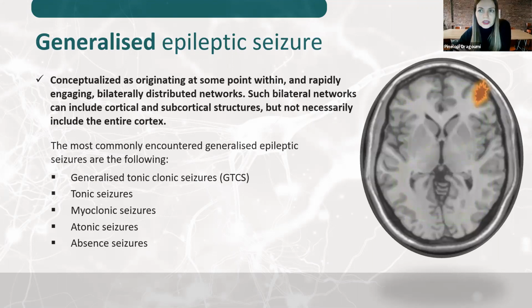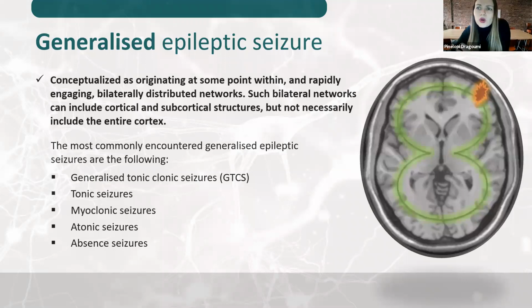So a generalized seizure may start at some point within some network, but then it rapidly engages distributed networks, and that's what makes it a generalized seizure.